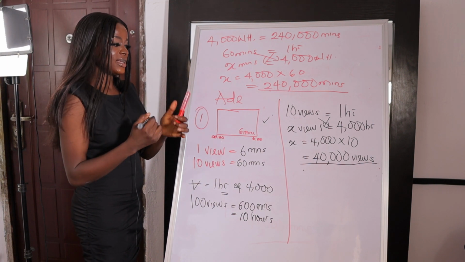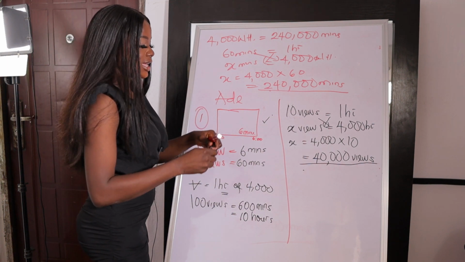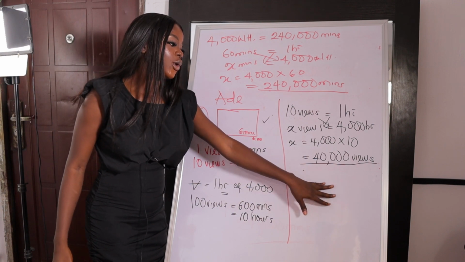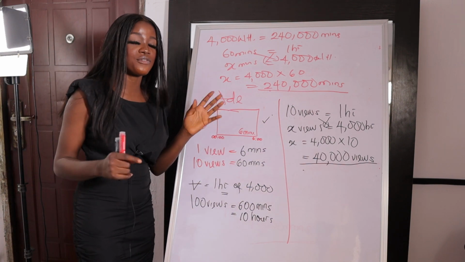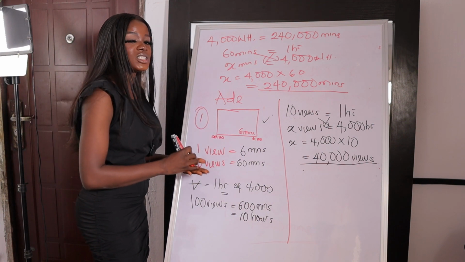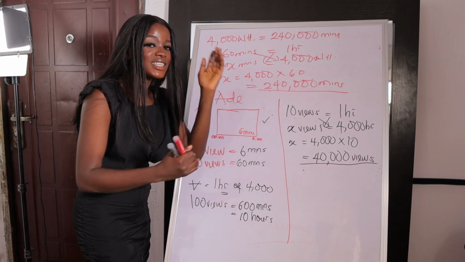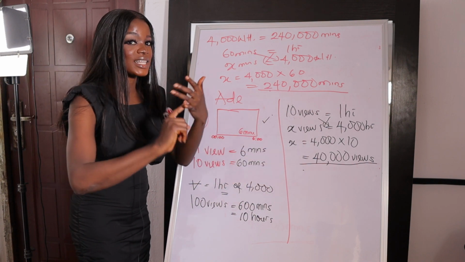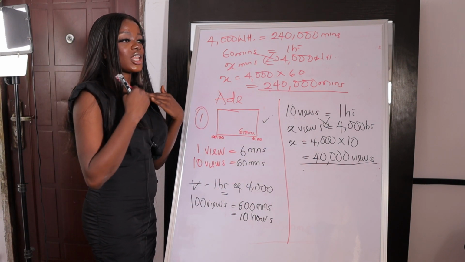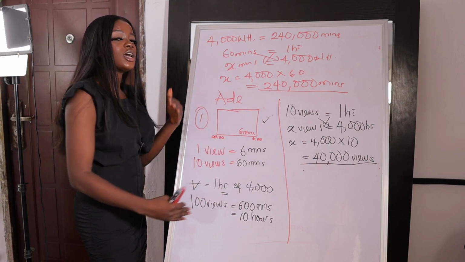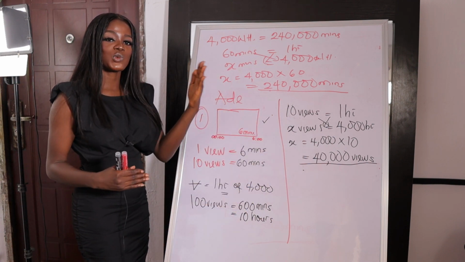Simple as ABC. Now remember that if Ade has 40,000 views on this video, what we considered was that every viewer on this video watches from the very beginning until the very end without clicking out, without skipping. Shala watches the video from the beginning to the end. Shala's sister watches. Shala's mother watches.